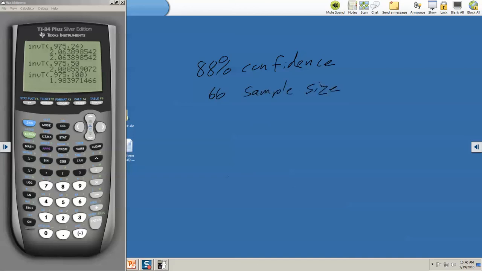So let's draw the picture just so we understand what we're doing. Remember, we're using inverse T. 88% confidence means there's a section in the middle that is 88%. And what we're looking for is that critical value right there.